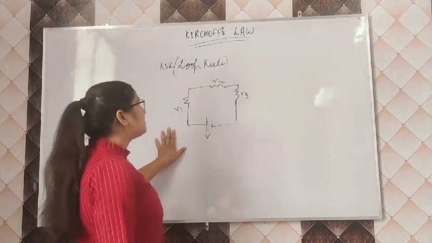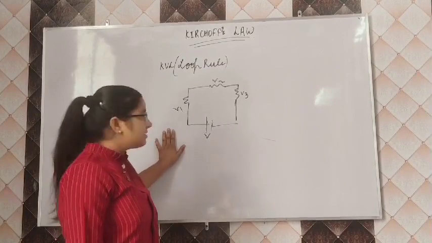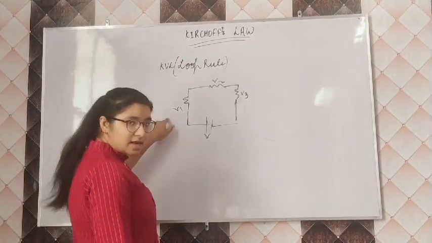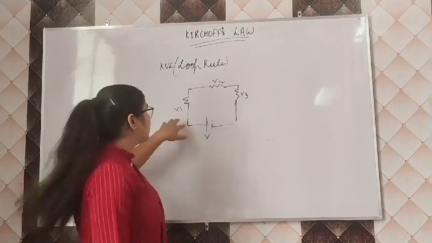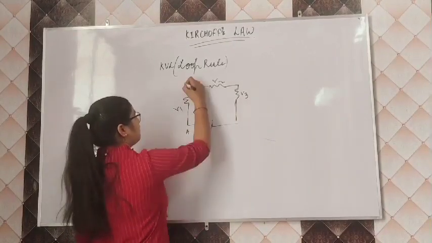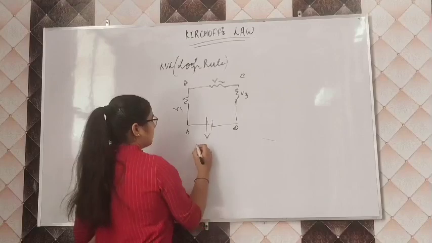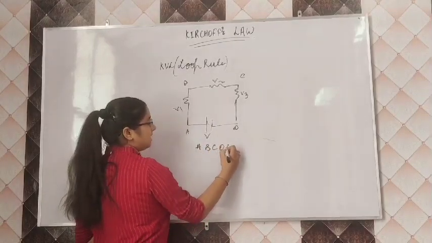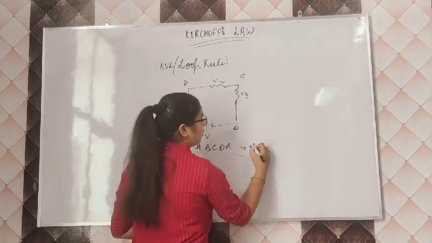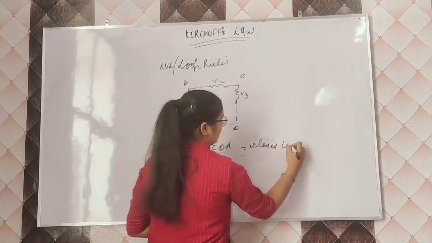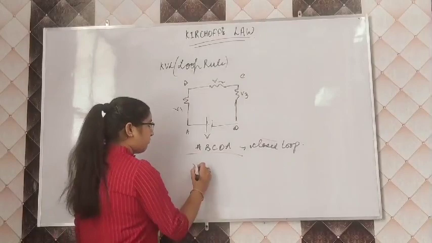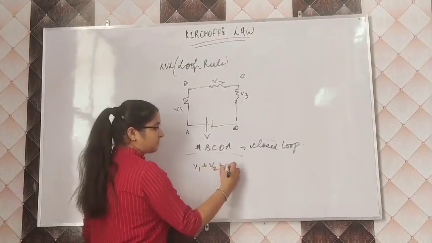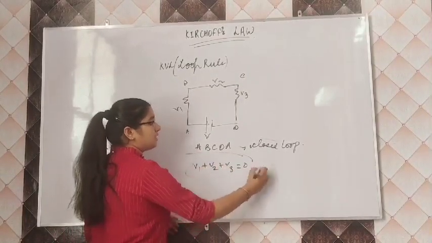So what does this actually KVL mean? It means that the sum of the voltage in a closed loop. Now let us consider a closed loop A, B, C, D. Now we have to consider A, B, C, D, A. Let it be a closed loop. Okay, so according to KVL, the sum of V1 plus V2 plus V3 will be equal to 0.